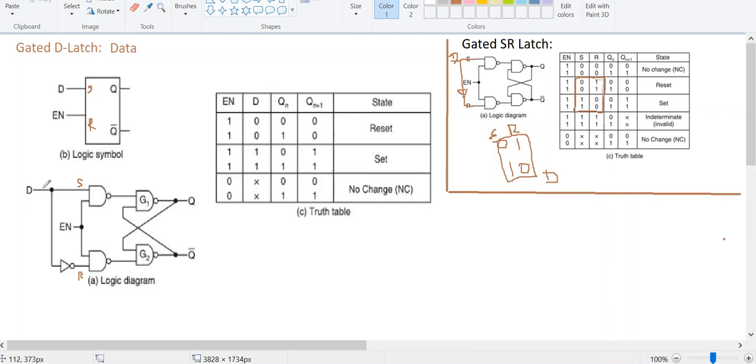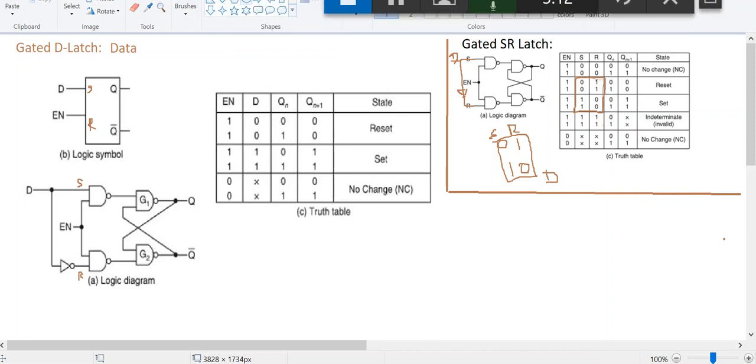We already saw this concept in the last class. This is our gated SR latch, and you just keep one inverter in front of this gated SR latch.